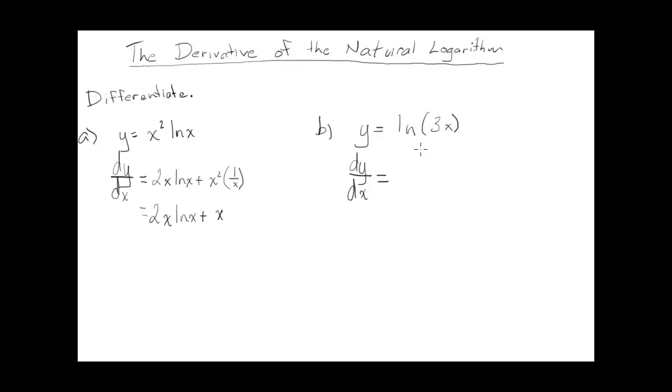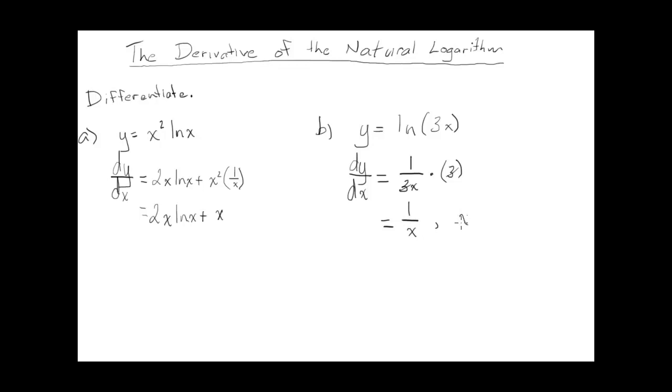So instead of being 1 over x, it's going to be 1 over 3x. It's 1 over whatever is inside the logarithm part. And then you have to take the derivative of the inside function, which is 3x, so it'll be times 3. And then in this case, the 3's would divide out, and you will get 1 over x.